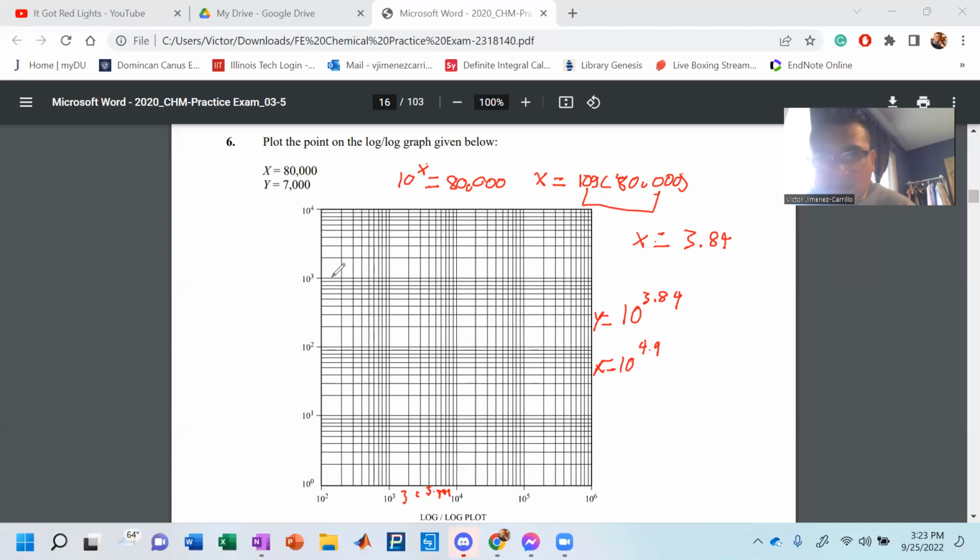Same way you label it. It goes 3, 4, 5, 6, 7. You'll have an extra line at the end that makes no sense. But since this is the y, you start at 4.9: 3, 5, 6, 7, 8, 9. You'll have an extra line. So let's go 3, 4, 5, 6, 7, 8, 9. There you go.